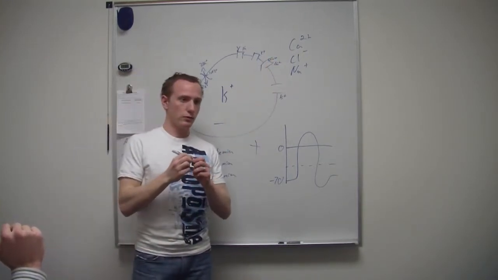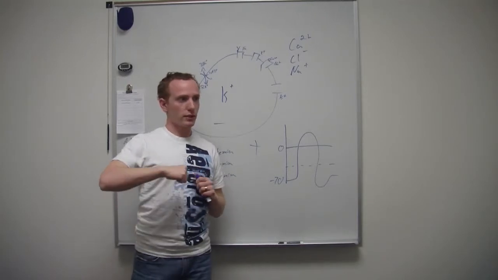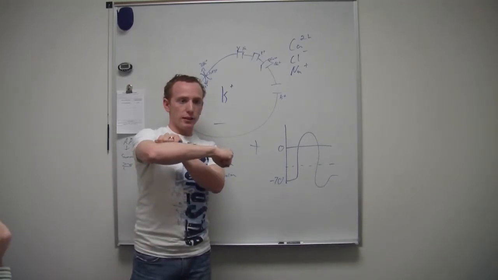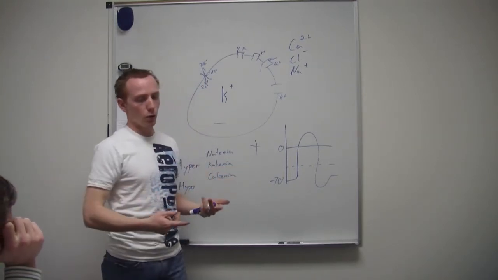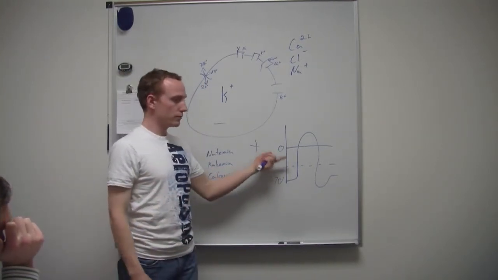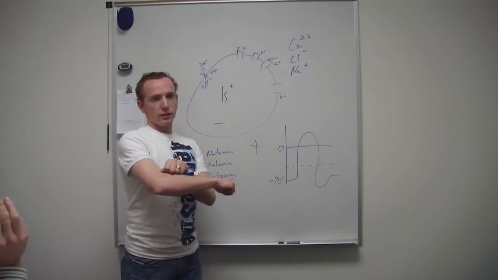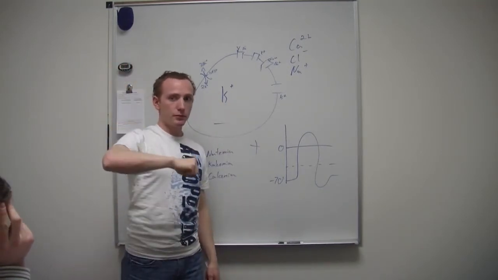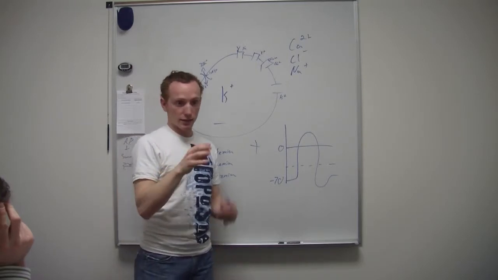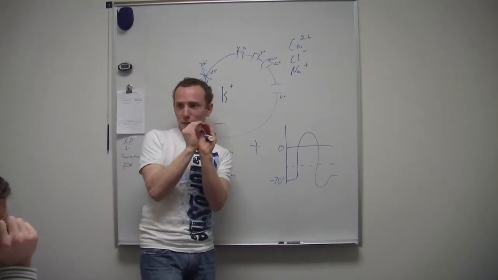Calcium binds to the outside of it, and it stays like that until the cell depolarizes, and then it kicks off and the gate can open up. Okay, so that's an important tidbit of information.